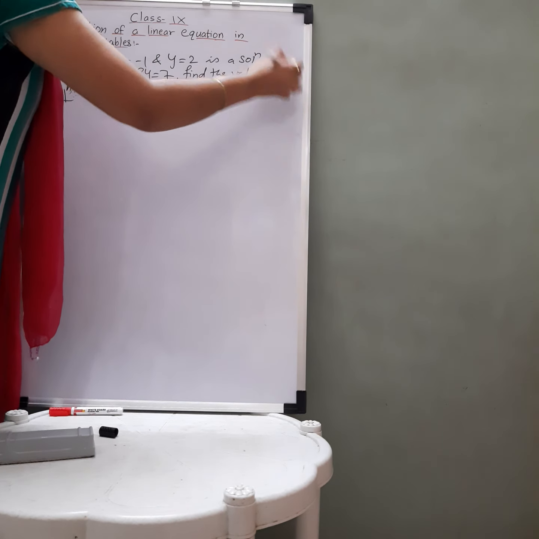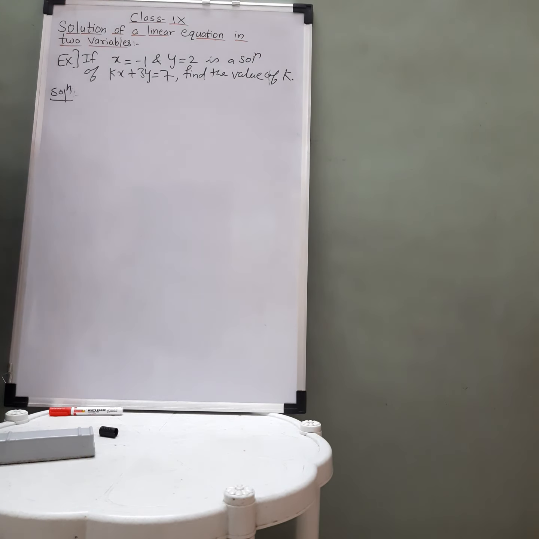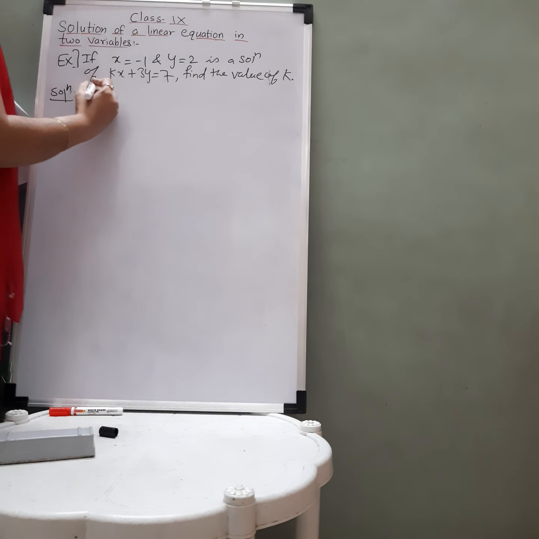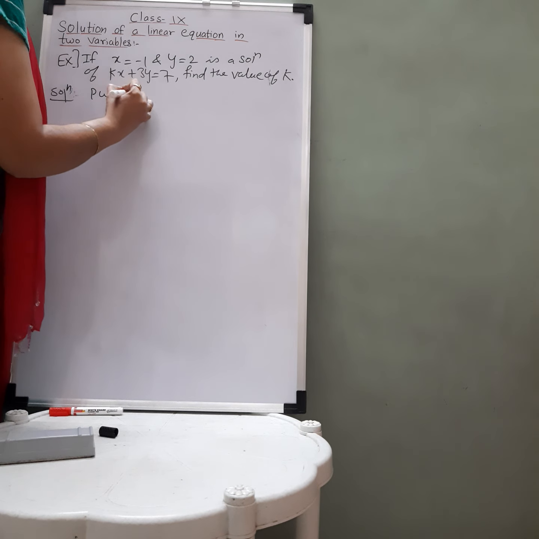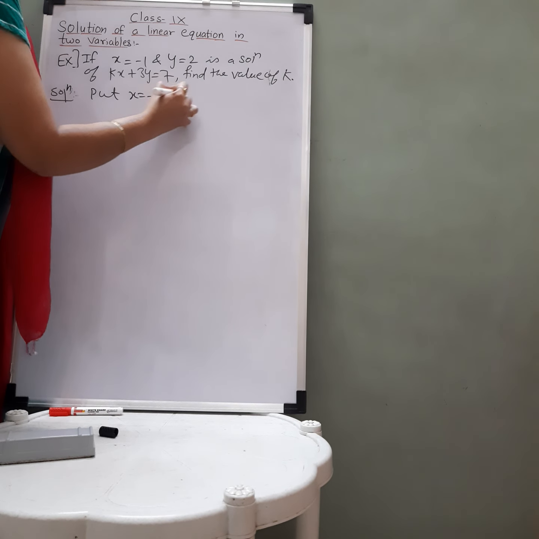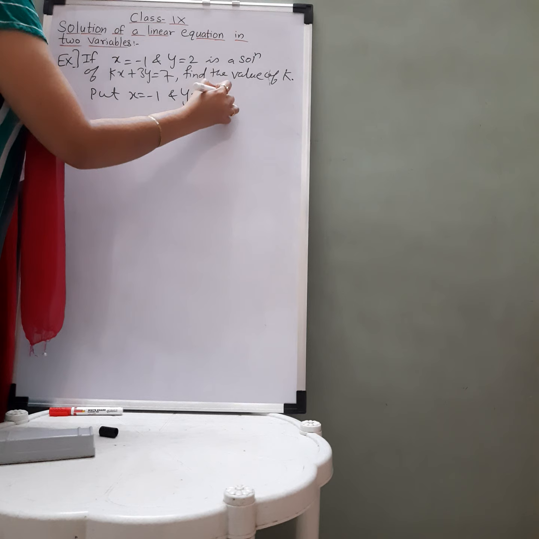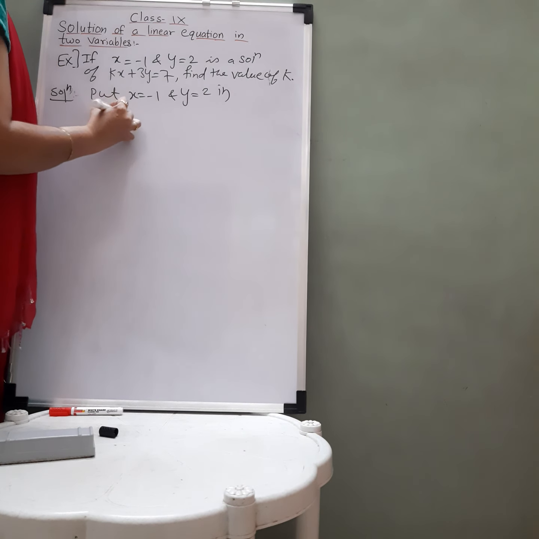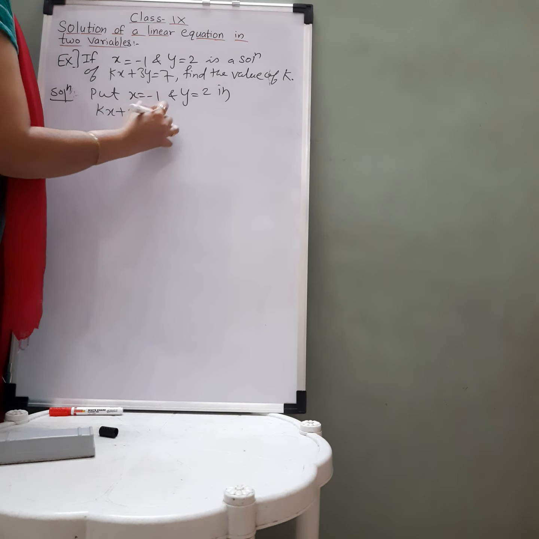k. Now here x is equal to -1 and y is equal to 2 is a solution, means that values of x and y must satisfy the given equation. So our first step is put x is equal to -1 and y is equal to 2 in kx plus 3y is equal to 7.